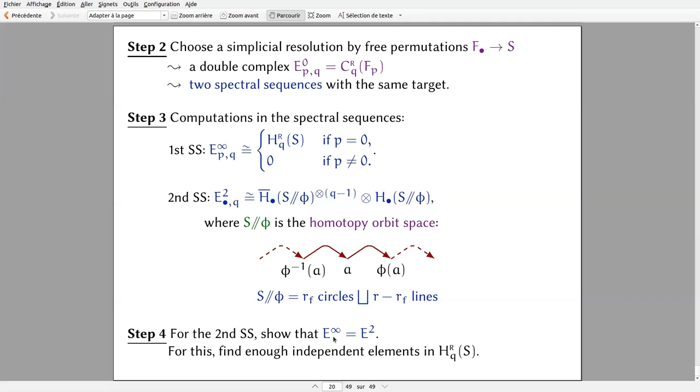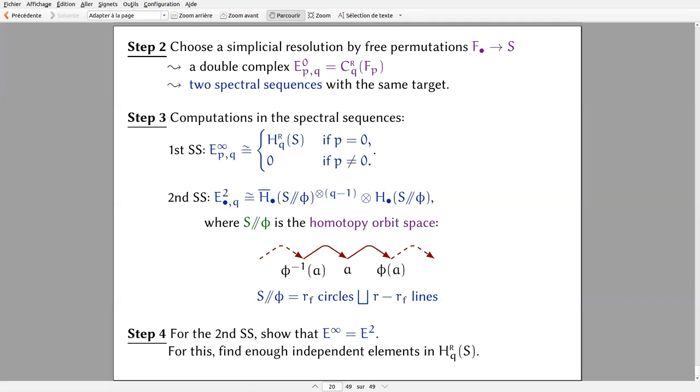To show that this does not happen, you show that in the limit, which is the rec homology, you have enough linearly independent elements. We explicitly constructed enough linearly independent elements to show that, starting from this, you cannot have the dimensions diminishing.